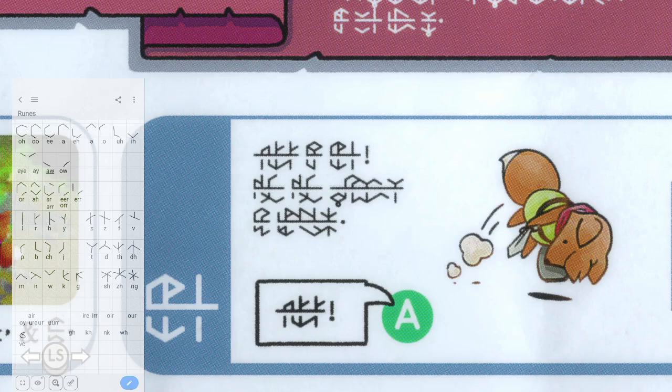Very, very. Does this just say important?